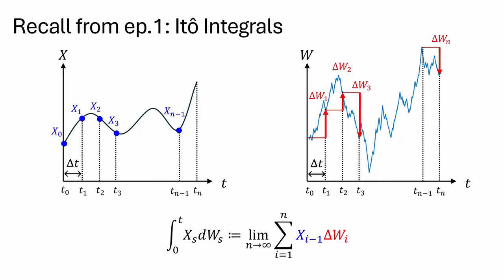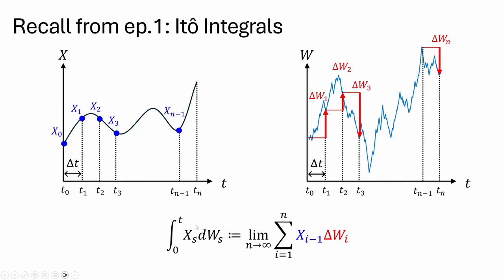Also, in episode 1, we defined the main object of study, the Ito integrals. They have the following form: the integral of X_s dW_s from 0 to t. The key in Ito integrals is that the integrand X_s is evaluated at the left endpoint in each subtime interval.